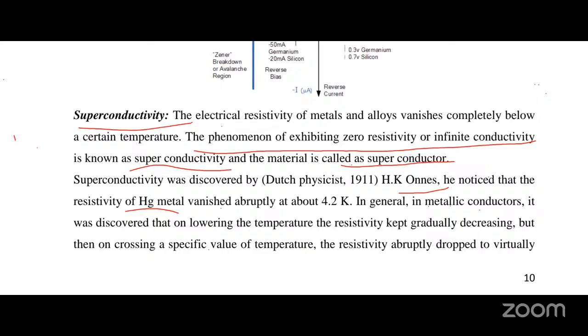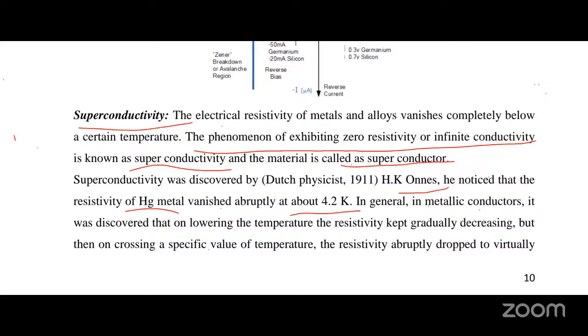The resistance of mercury vanishes abruptly at 4.2 Kelvin as the temperature decreases. At a particular temperature the resistance of the material becomes zero, and such a temperature is known as its critical temperature.